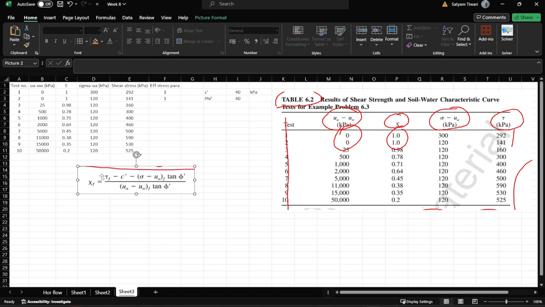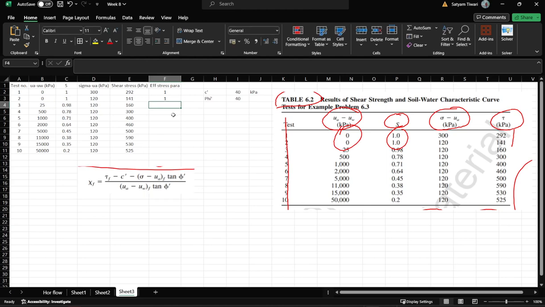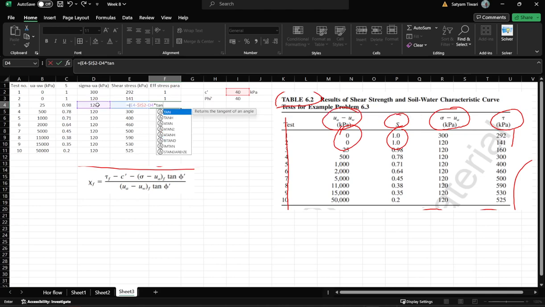Okay. So to calculate the value of effective stress parameter for other matric suction values, we will use this formula. So this formula states that chi is equal to, in the numerator we have tau f, shear stress, minus c dash, that's given here, F4. In the last numerator we had this c dash value as 0, minus sigma minus ua, that's here, multiply tan of phi dash.